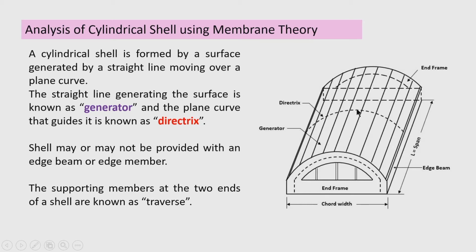Then you can see that shell is supported at the ends by some kind of structure. That structure is known as traverse. At the end it is supported by traverse, and it may be provided with edge beam or without edge beam also. The straight lines that are rolling over the curve are known as generator, and the curve is known as directrix.